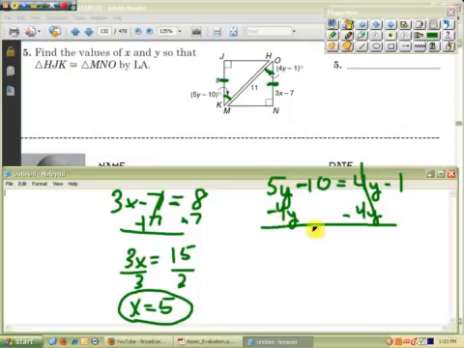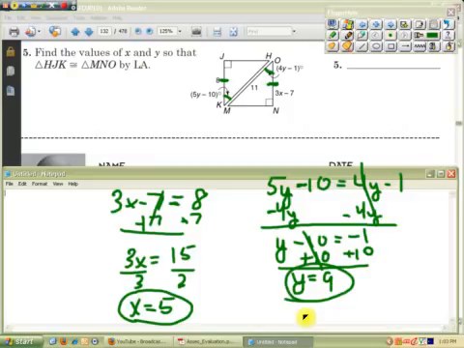You can subtract 5y from both sides. But if you do subtract 4y, you will be left with a positive y value because the 5 is bigger. And if you add 10 here, because it's being subtracted, y will equal 9.